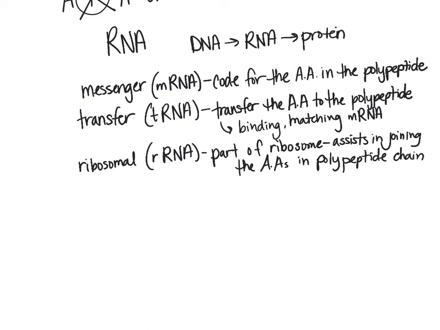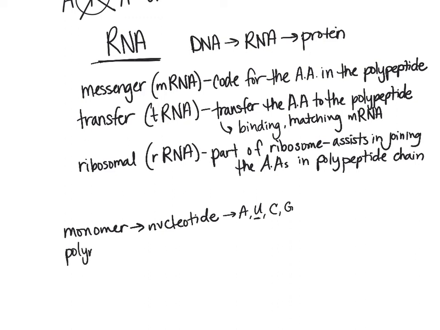So those are our 3 types of RNA molecules. Again, our RNA is made up of nucleotides. Our nucleotides are the individual monomers, and then the polymer is the RNA. The monomer is the nucleotide, and remember, the nucleotides are different based on whether it is an A, a U, a C, or a G, because we're talking about RNA, so we have the U. And then the polymer is going to be either mRNA, tRNA, or rRNA.